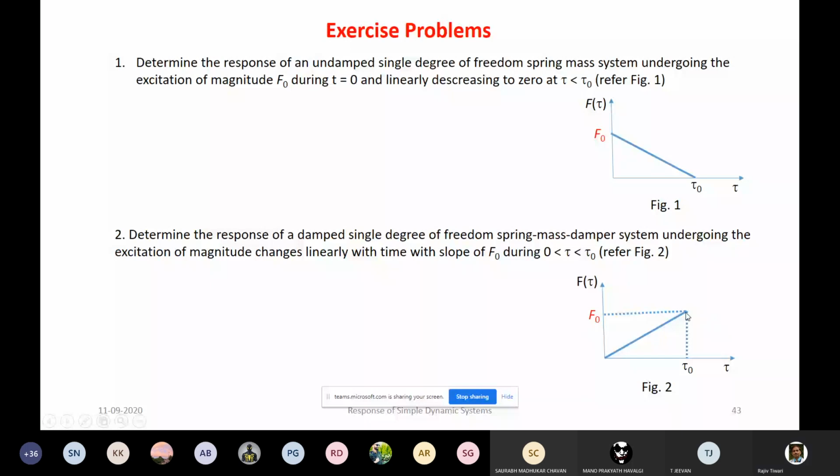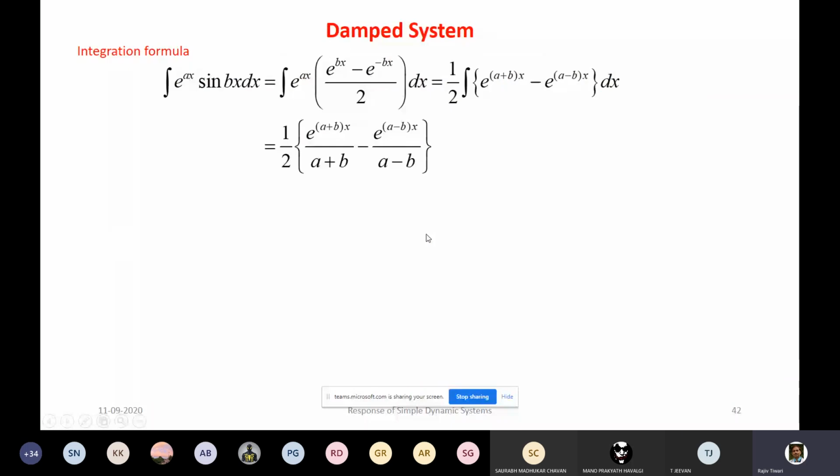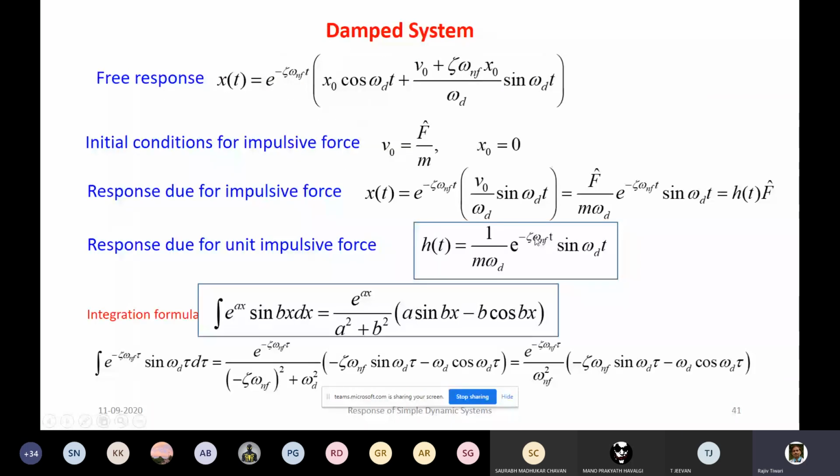Then it becomes 0. Okay. So the first one is for the undamped case. The second one is for the damped case, in which you need to use the previous impulse response. So additional complexity in the form of integration will come, but the procedure will remain the same.